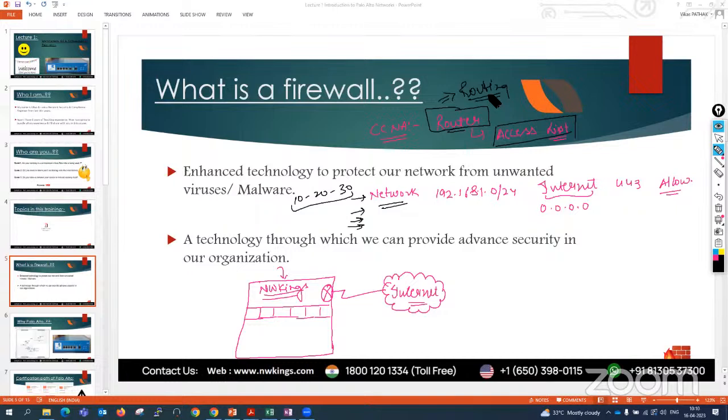What do you understand with routing? That the traffic is coming from this cluster, and it will be coming to the router, and the router will forward it accordingly to the other cluster, right?